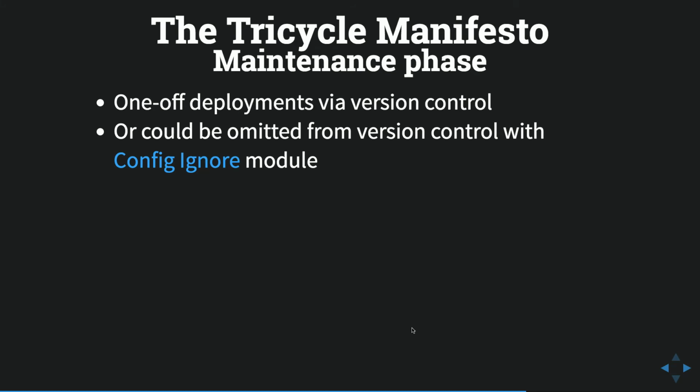Then you may have things like web forms that could be captured in configuration management, but maybe you're better off just not capturing them in version control at all. And there's a module called config-ignore that goes along with the config split that lets you say, okay, detach this from config management and version control.